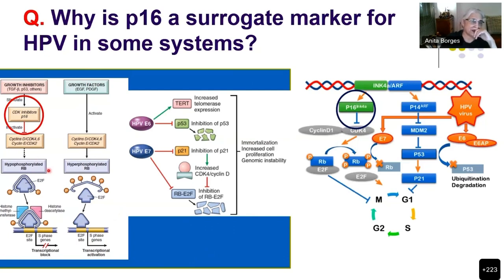If the cyclins are not in the system because P16 is inhibiting the cyclins, then retinoblastoma protein remains bound to E2F, okay? And then you do not get transcription. And that's how the retinoblastoma protein regulates the cell cycle. Now, what does HPV do?